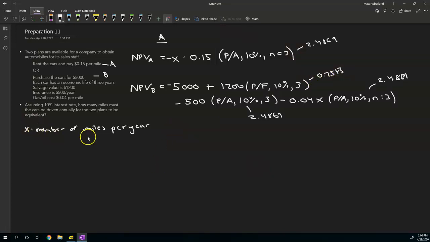Then we need to figure out at what number of miles per year these two things become equivalent. This was a 3-year plan for net present value, and this was another 3-year plan. How many miles per year x does it take to make these two things equal? So we'll set the two equal to one another: NPV of A equals NPV of B. Let's do a little bit of algebra. I'll speed this part up.